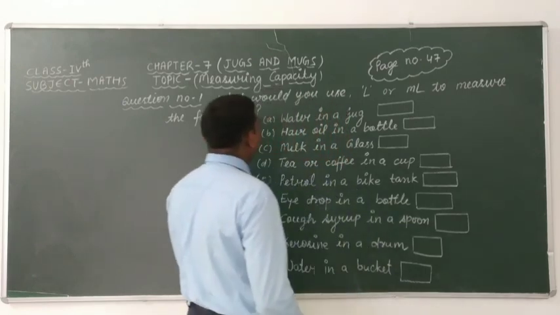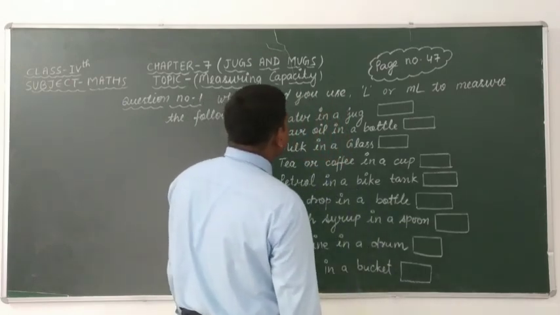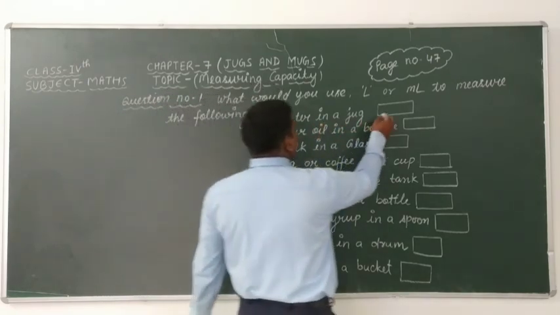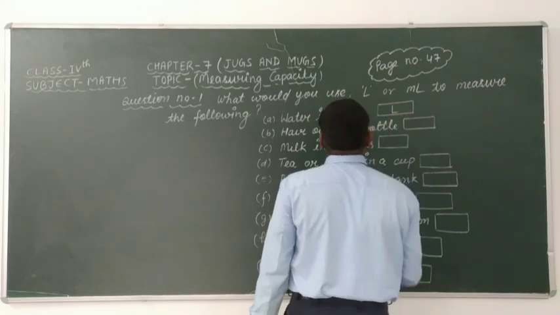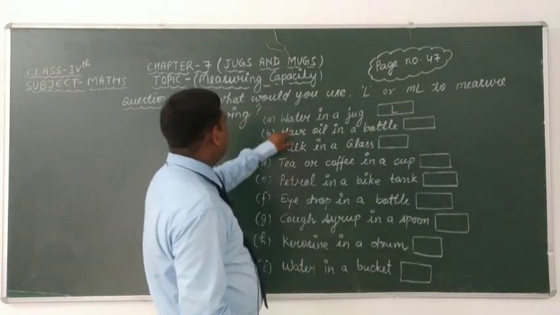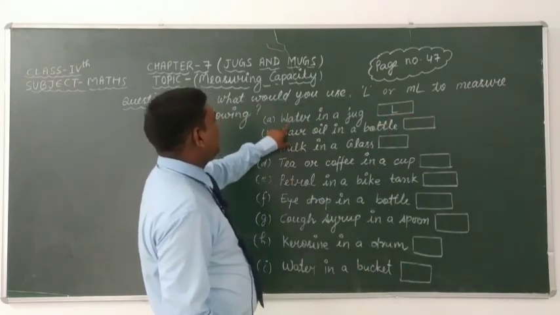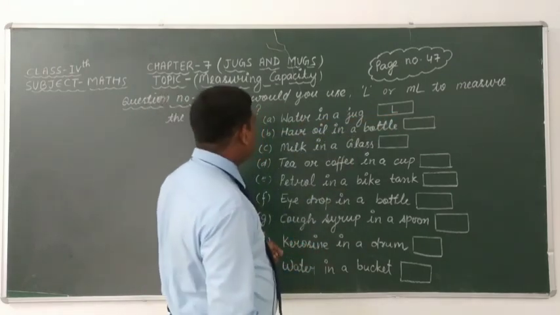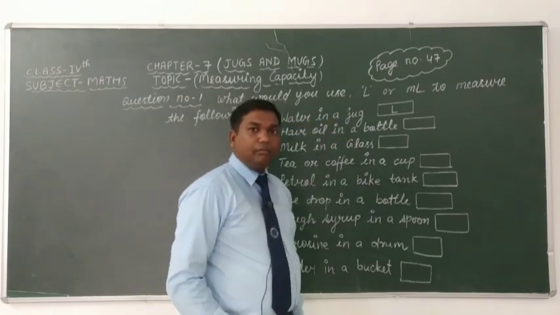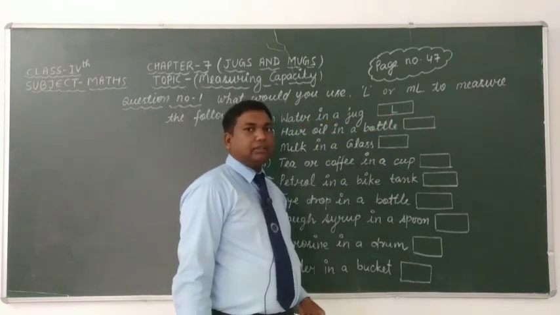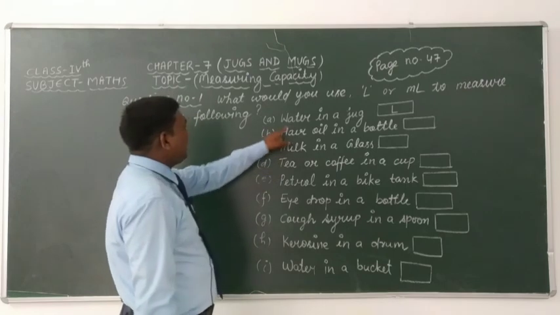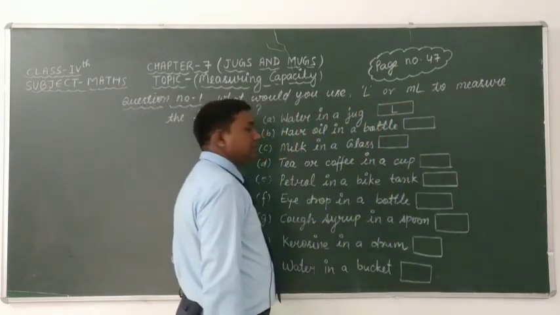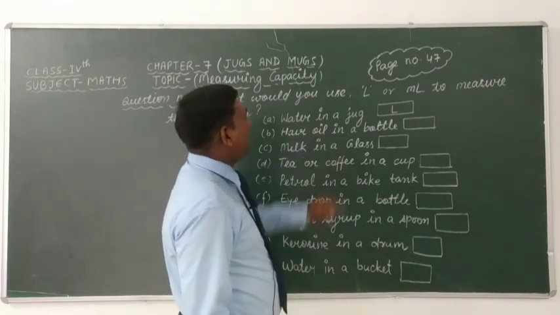Therefore we use liter to measure it. It means that water in a jug is measured by liter. Clear?